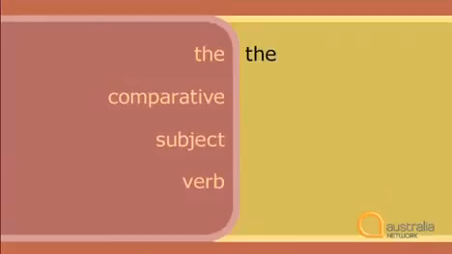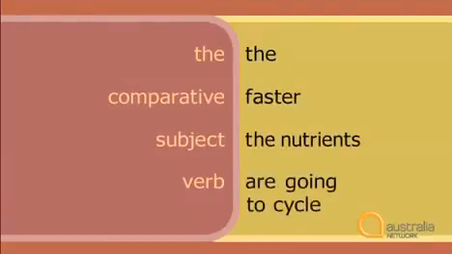Then, using exactly the same grammatical structure, she added the complementary statement: the faster the nutrients are going to cycle. Notice the symmetry of these statements. It makes it easier to remember and apply.